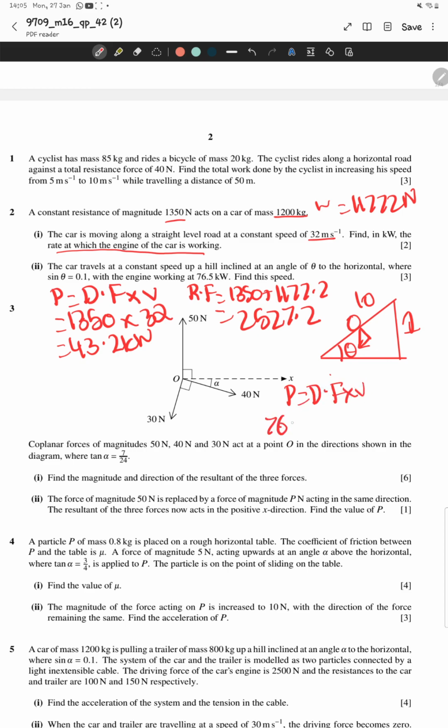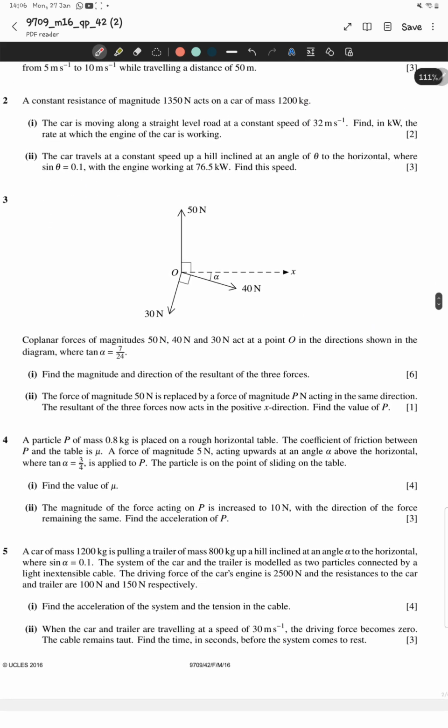Power they've given us is 76.5 kilowatts, or 76.5 times 1,000, equals 2527.2 into V. So you get, velocity is about 30.27 meters per second. All right, next question.